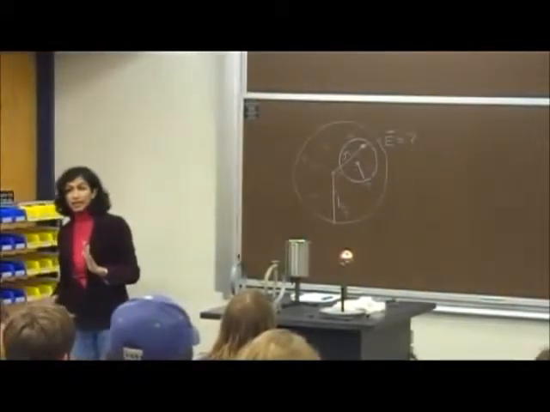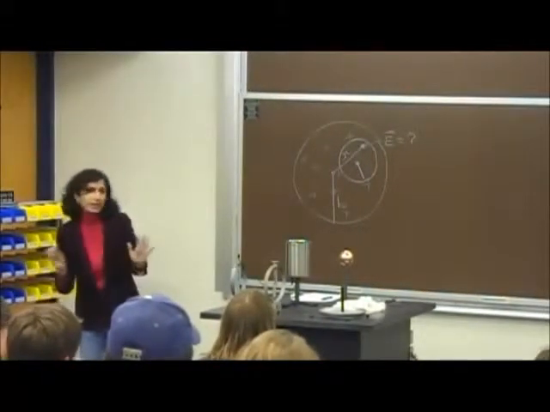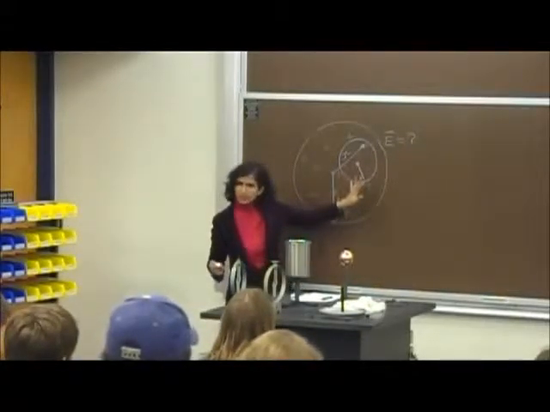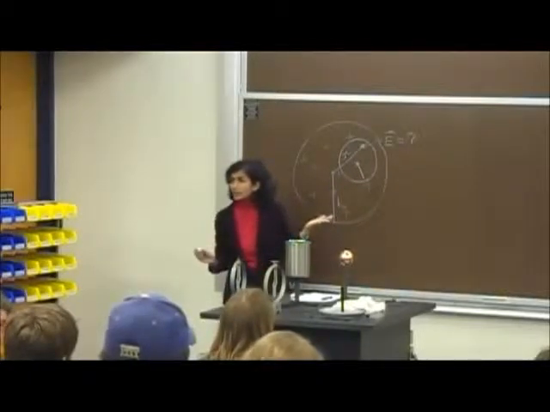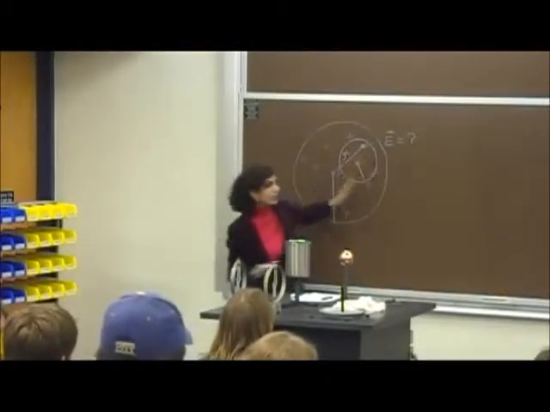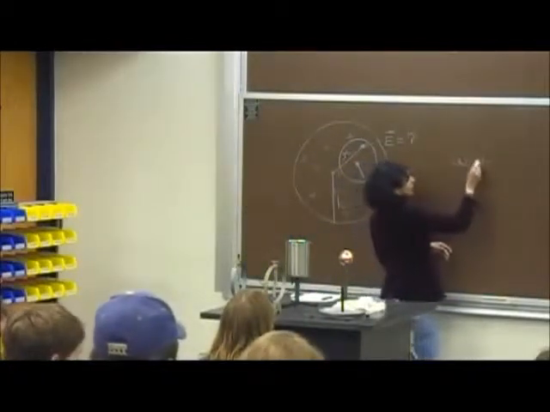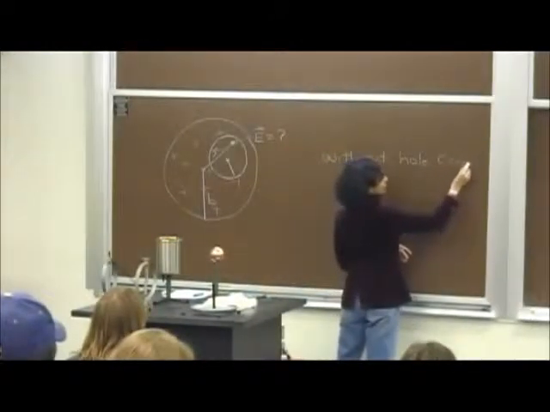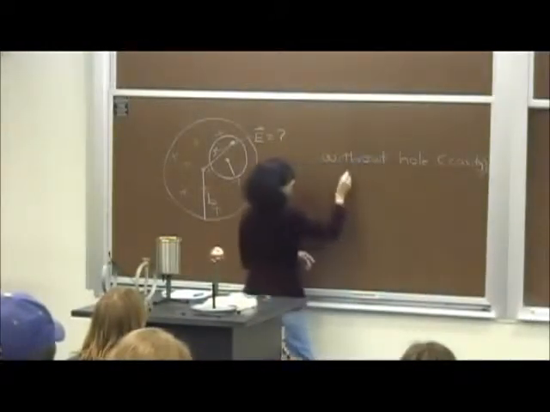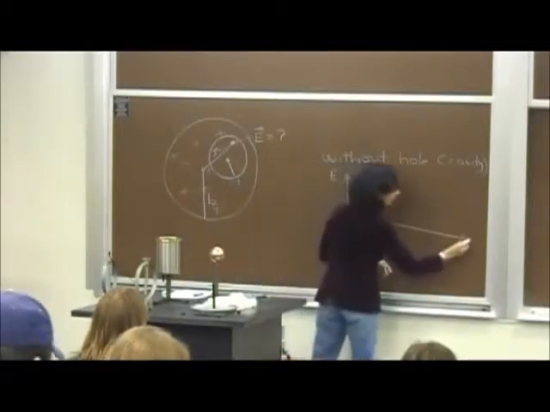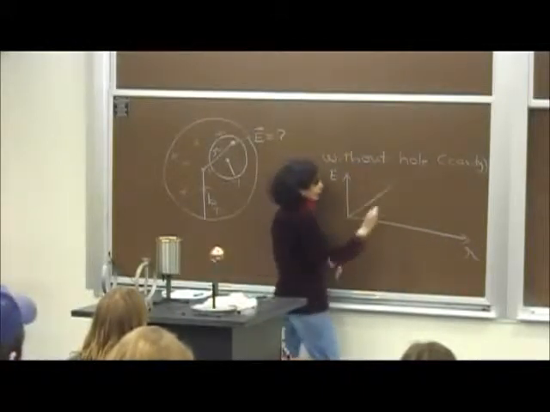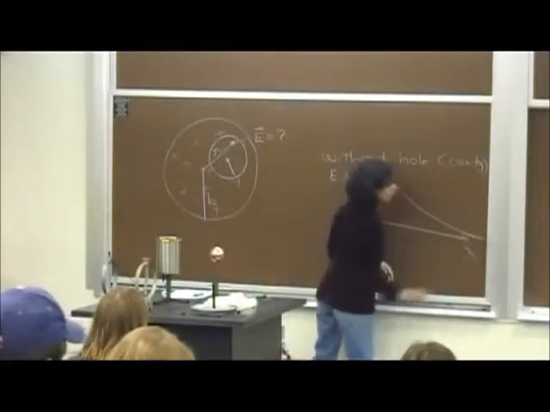Now if you remember from class, we did already talk about how to find the electric field due to a uniform sphere of charge. Remember? Due to a volume charge, we already found the electric field. So suppose this hole was not there, without the hole or cavity, we already learned that if you look at the electric field as a function of r, it increases linearly and then it falls off as 1 over r square.